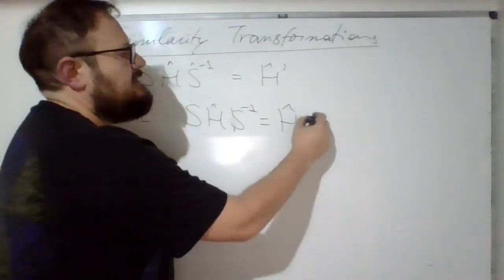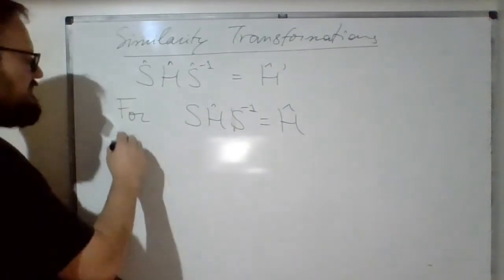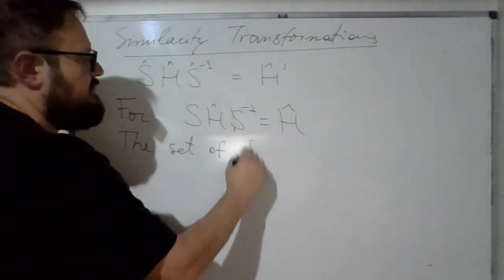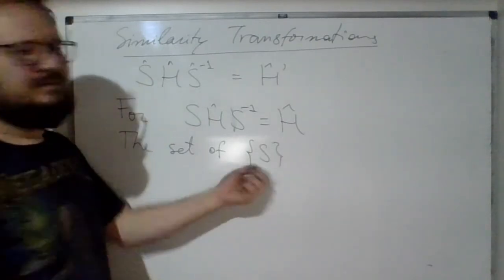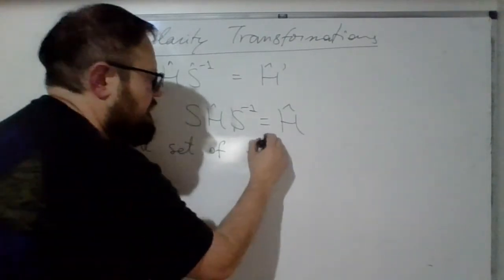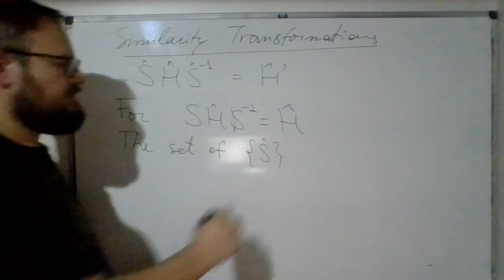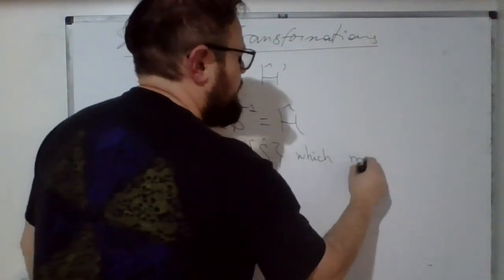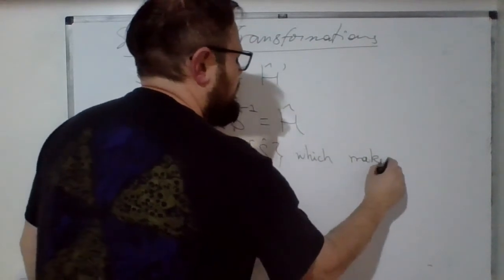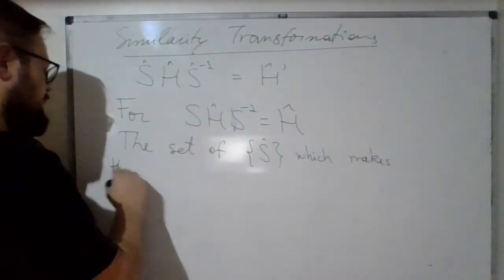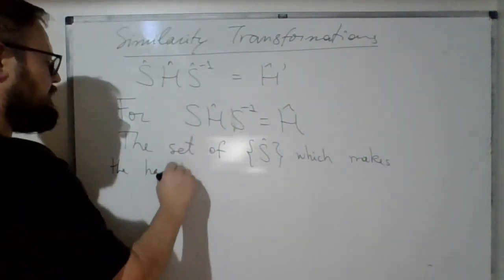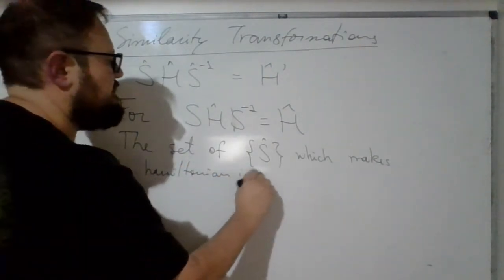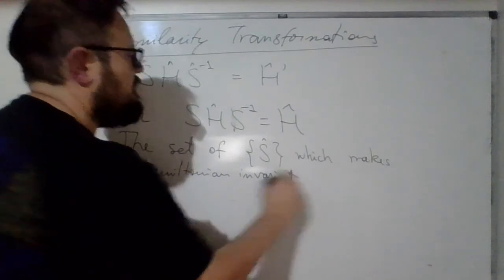It is said that the set of the elements S, these similarity transformations, which make the Hamiltonian invariant, right?